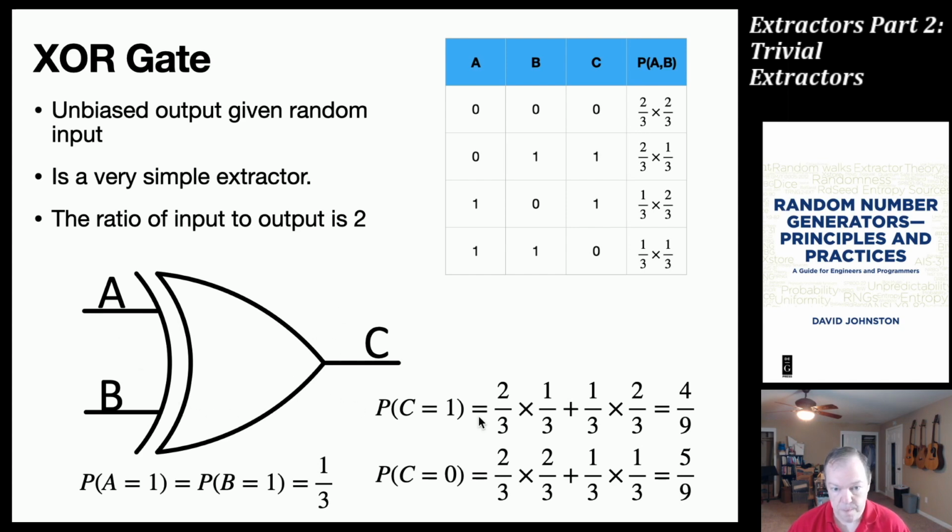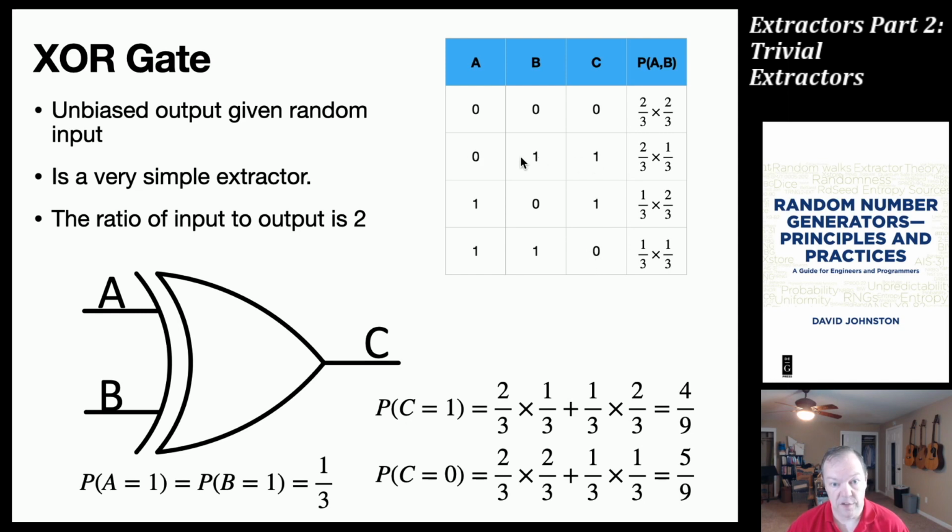2/3 and 1/3. If we look at the outputs, the probability of getting a 0 and a 0 on the input is 2/3 times 2/3, and that gives us a 0 on the output. And also the probability of getting a 1 and a 1 is 1/3 times 1/3, and that gives us a 0.